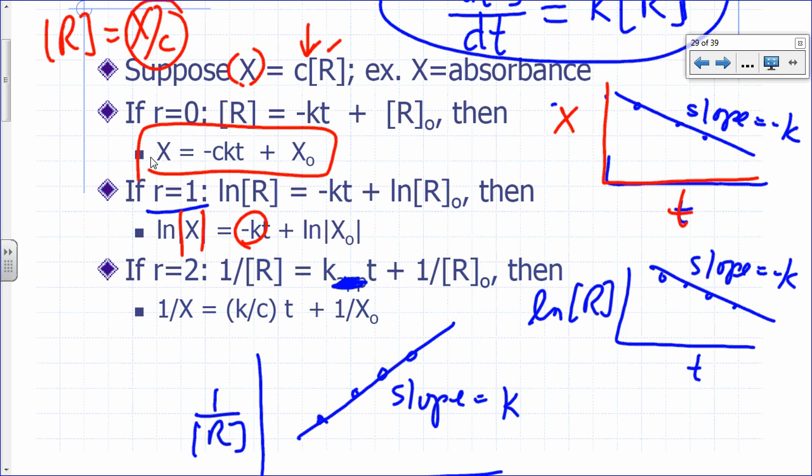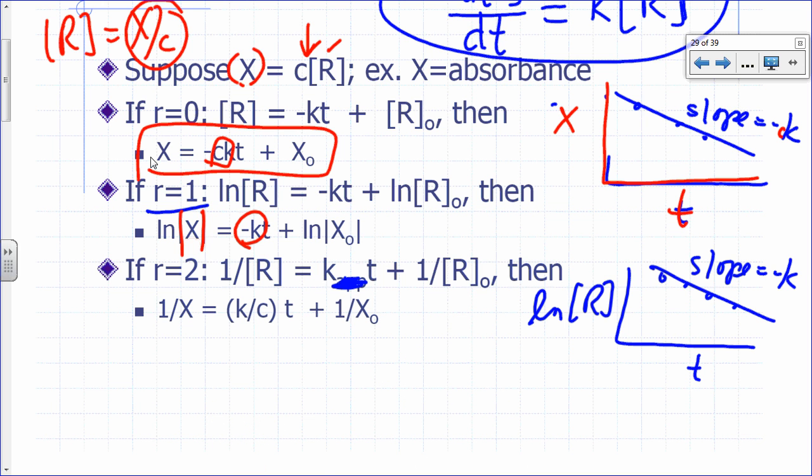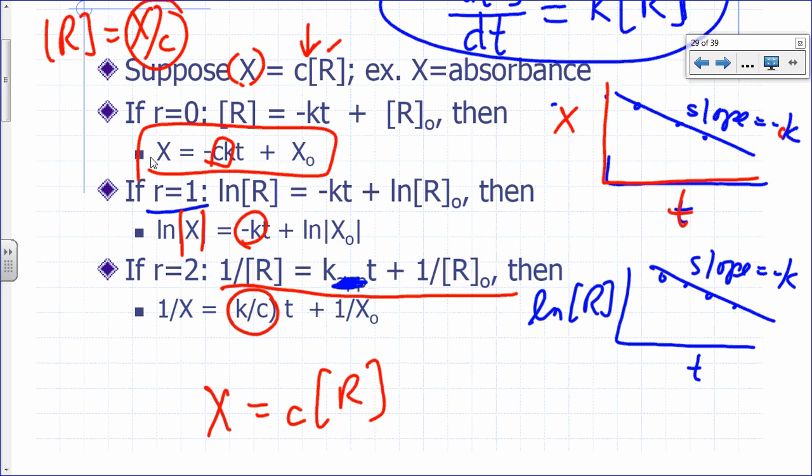I'm sorry. In the case of zero order, the slope is going to be equal to negative C times K this time. And the nice thing about the first order one is the slope is still going to be equal to negative K. However, if you have second order, your slope will now be equal to K over C, provided some property X is equal to a constant times the concentration of R. But still, the graphs will allow you to determine whether it's zero order, first order, or second order.